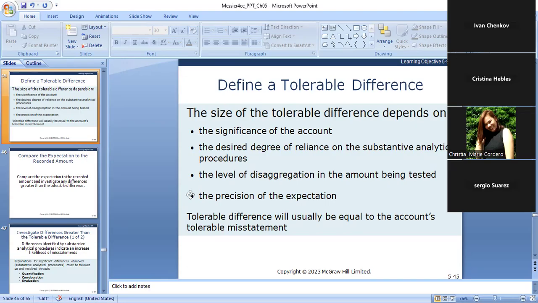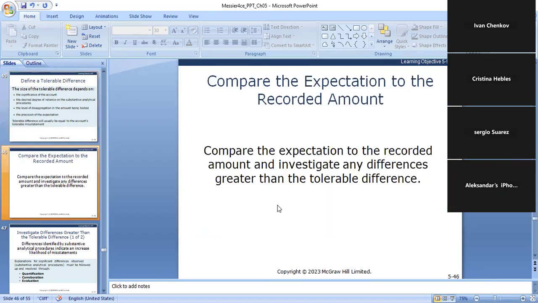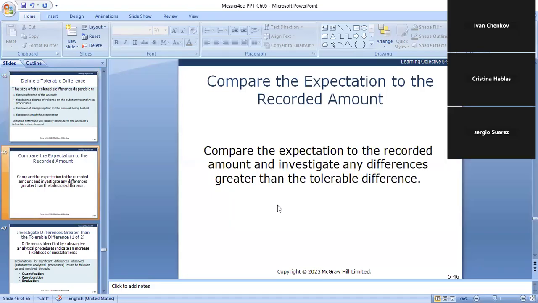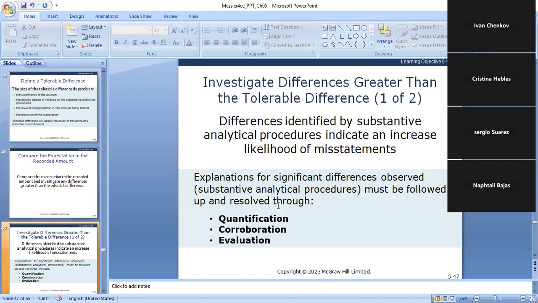How big are the amounts? Is the company working with small amounts or big amounts? What is the relatively desired degree of reliance, level of disagreement, and precision? And then we have to compare the expectations to what we already recorded and see if we are within our tolerable difference, which is the difference we already established.